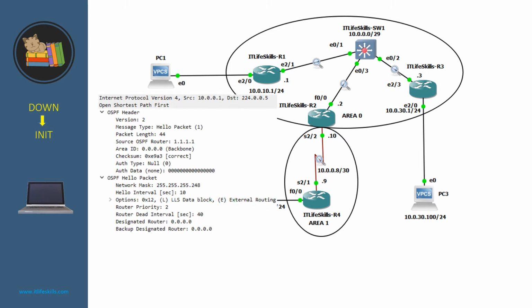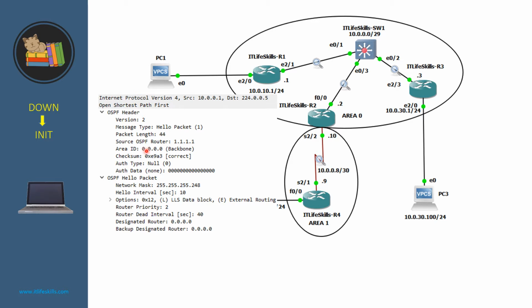Here is the first hello packet sent by router 1. As you can see, it's sent from router 1 to the multicast address 224.0.0.5.